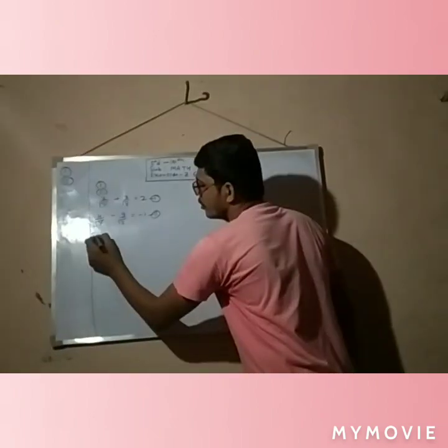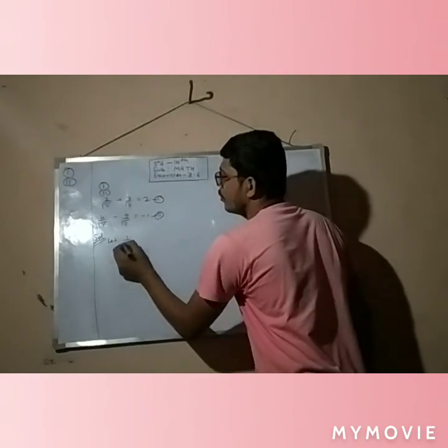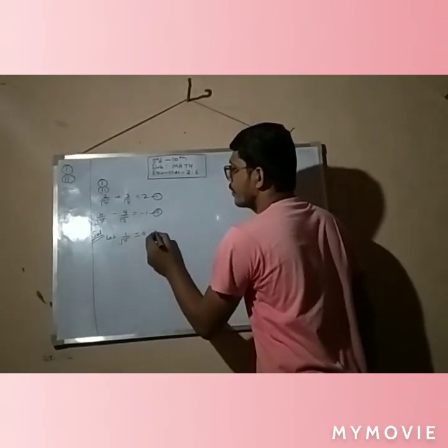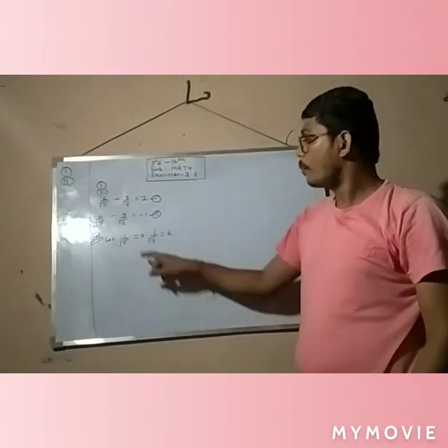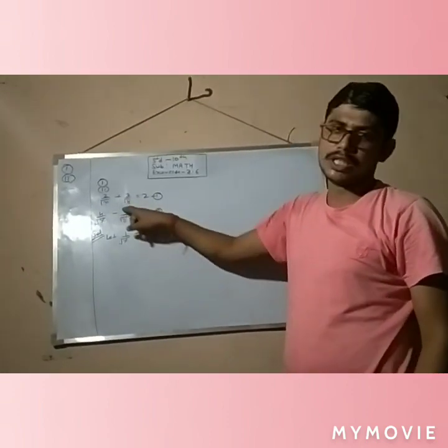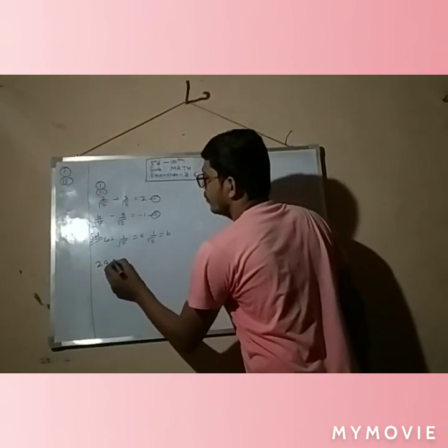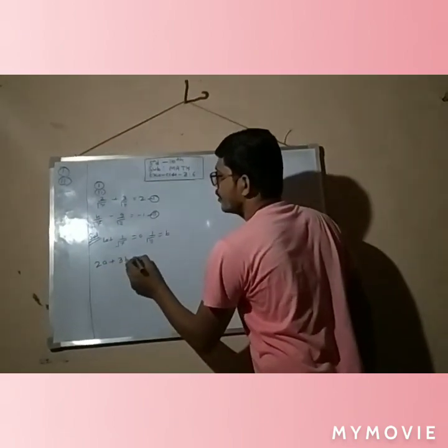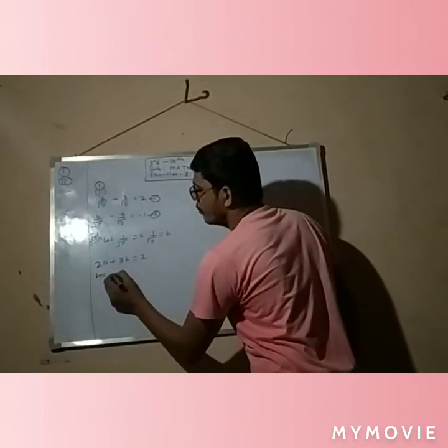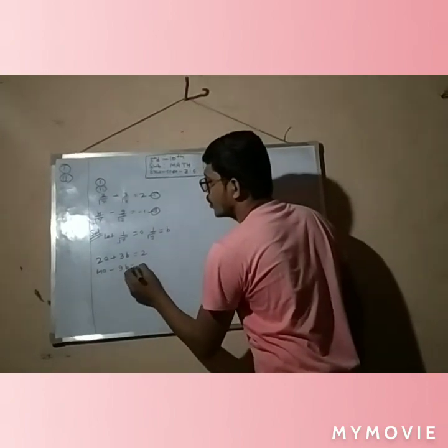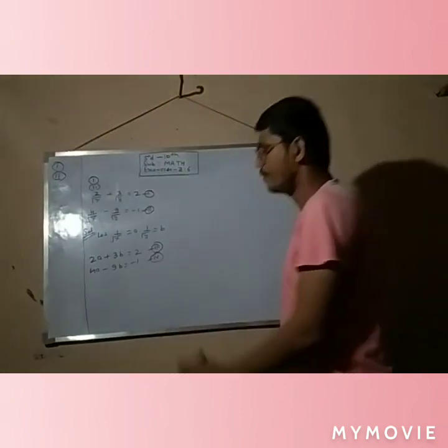Now solution. Let 1 upon root x is equal to a, 1 upon root y is equal to b. Now putting the values of a and b in equations first and second, this is 2a plus 3b is equal to 2. Also 4a minus 9b is equal to minus 1. This is equation number 3 and this is equation number 4.